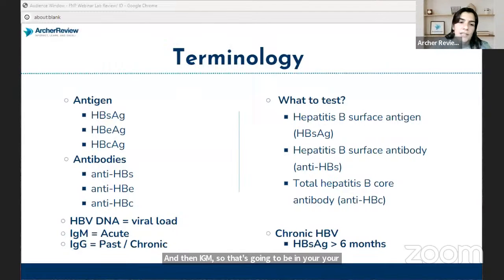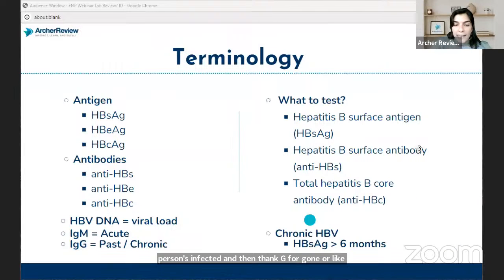And so the IgM is for acute infections if it's positive, and your IgG can indicate either past or chronic infections. And so with IgM, think M for right this minute, this person is infected, and then think G for gone, or like past infections, or it could be in your chronic patient.